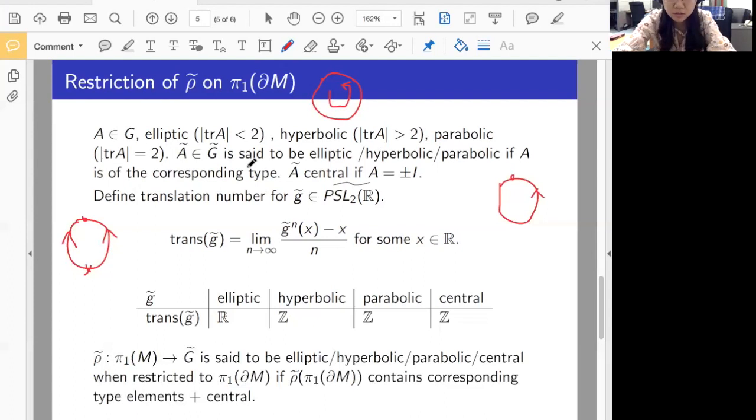So an elliptic element of PSL2R tilde acts on the real line by translation. You can lift this action from the circle to the real line. An elliptic element of PSL2R tilde acts on the real line like this.